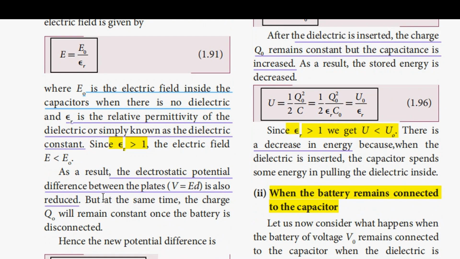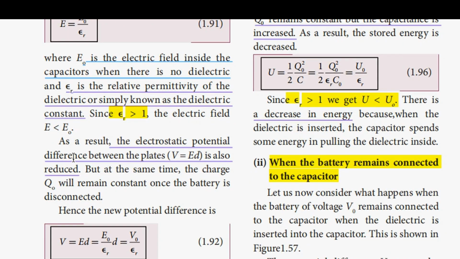Since epsilon r is greater than 1, E is less than E0. As a result, the electrostatic potential difference between the plates, V equal to Ed, is also reduced. At the same time, the charge Q0 remains constant once the battery is disconnected.